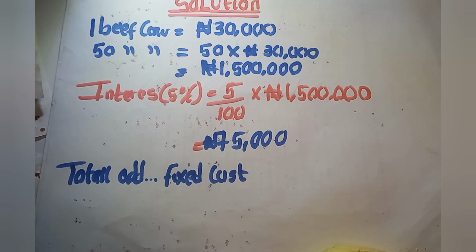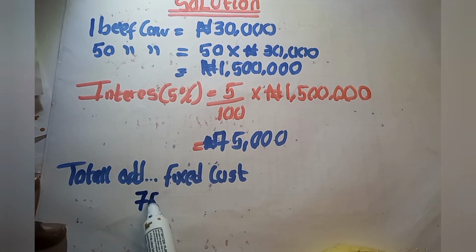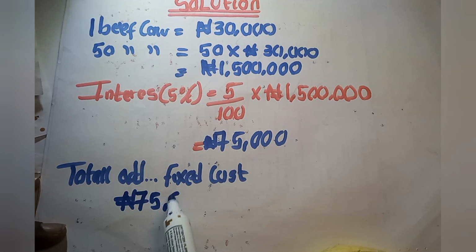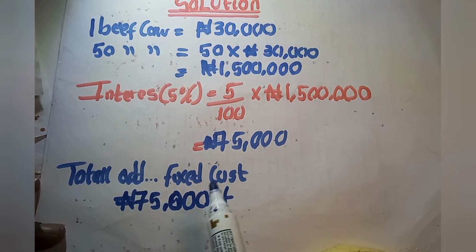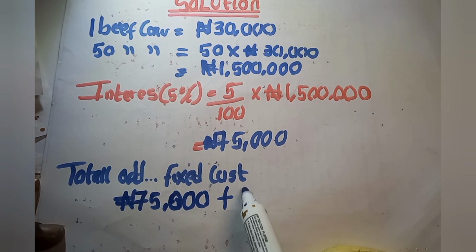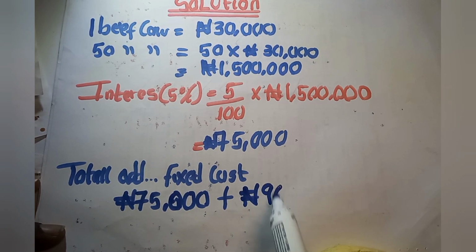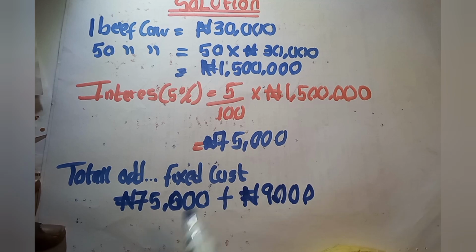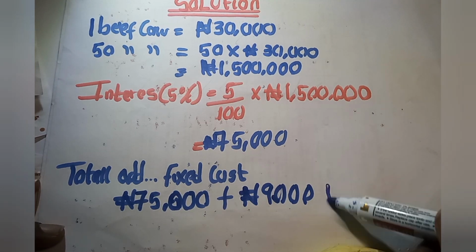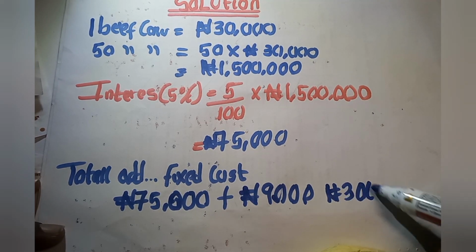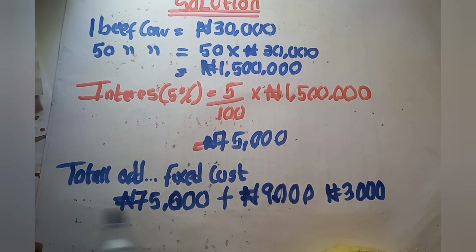So let's proceed. The interest on beef cow is 75,000 naira. Then plus depreciation plus interest charge, which is 9,000 naira. Don't forget that's also a fixed cost. Plus property tax, which is 3,000 naira. So I have all these three.